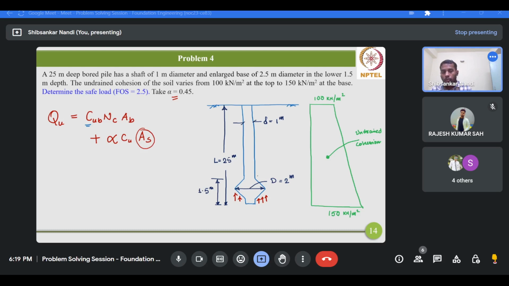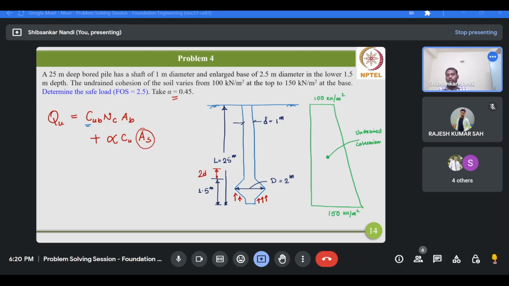And further, a small distance of length 2d will not be considered. Why? Because when a load is applied at the top of the pile and the pile settles, a gap forms between the adjacent soil and the top of the bulb.